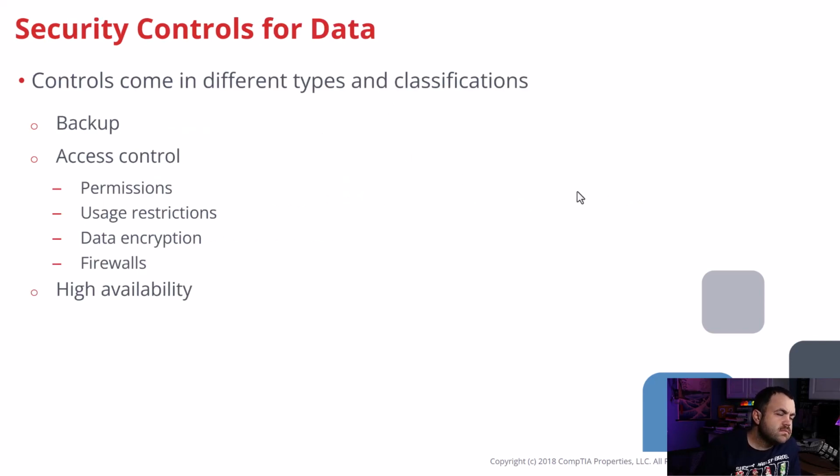Okay. So when it comes to different security controls that are out there for that data, they come in a couple different classifications. So first and foremost, what can we do with the data? We can back up our data. So when it comes to you working on your personal computer, and even in an organization, ransomware is something that is really, really scary.